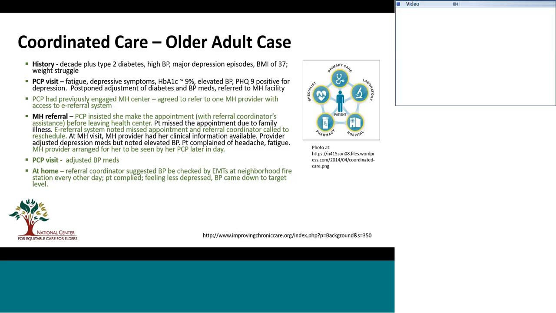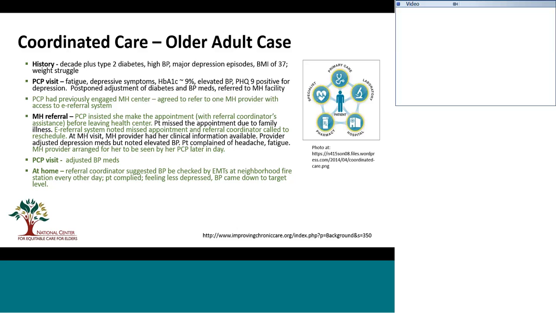And so in this case, you can see where the PCP had previously set up a referral system so that when she had patients who had multiple chronic diseases, and particularly with diabetes, as well as a mental health issue, a referral system was already in place.